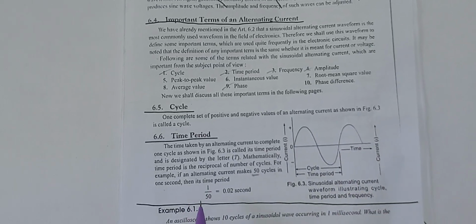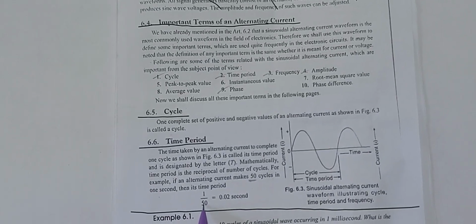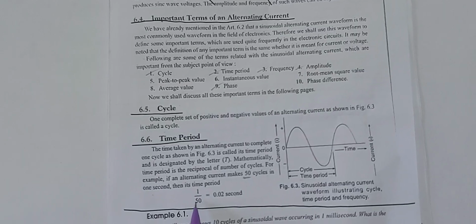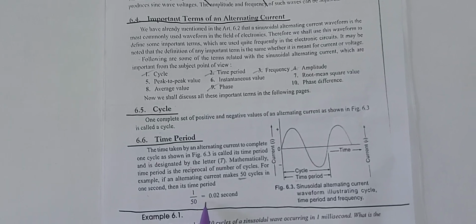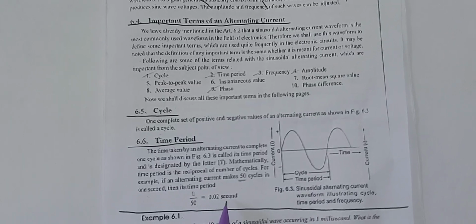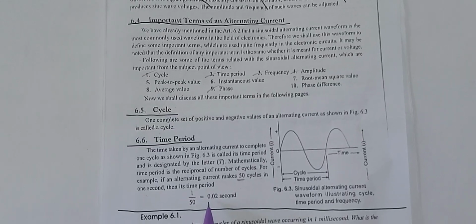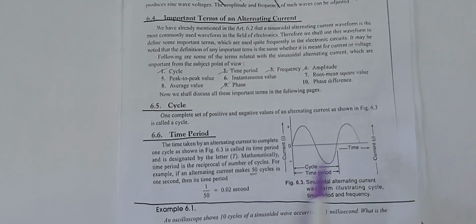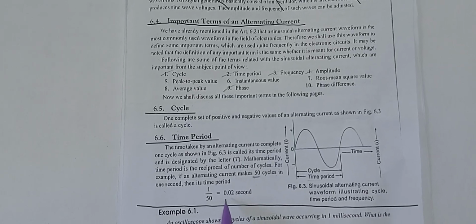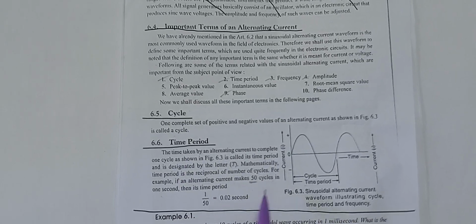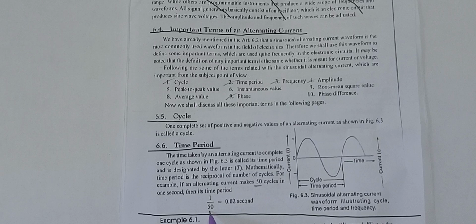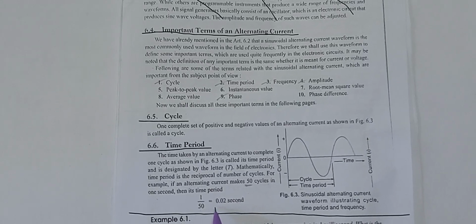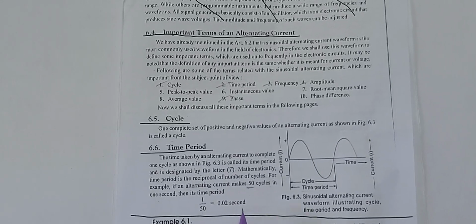It is simply time divided by the number of waves produced: 1 divided by 50 equals 0.02 second. So the time required to create one positive and one negative cycle is called the time period. In this case, for 50 cycles, one cycle is created in 0.02 second.